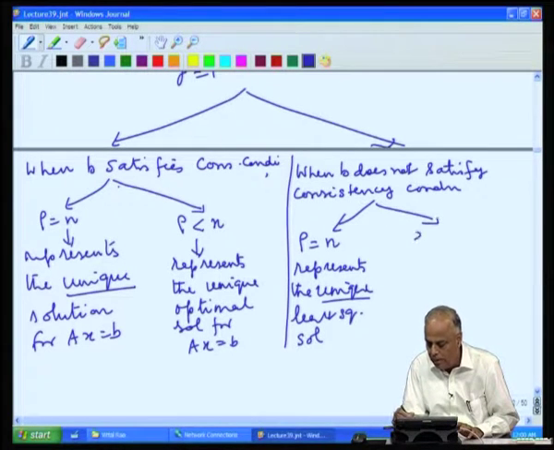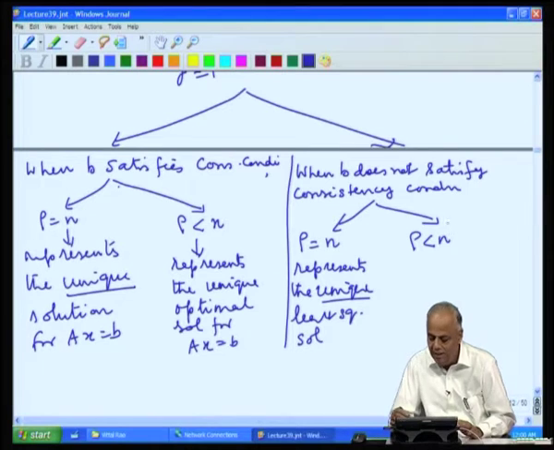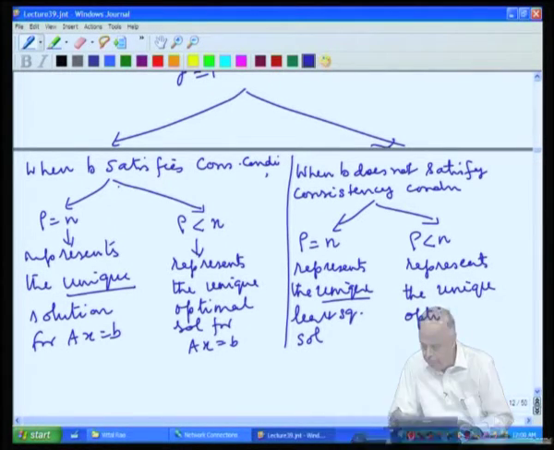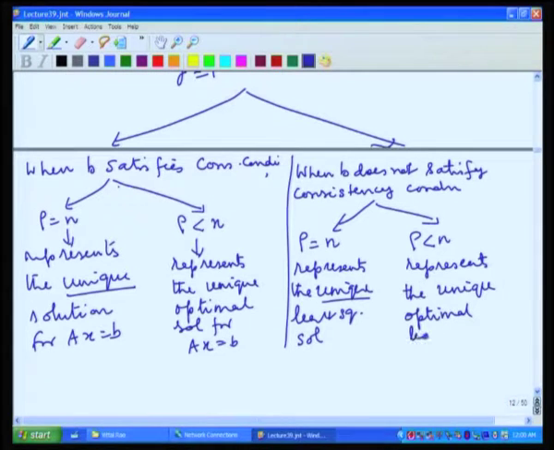And when rho is less than n, it represents the unique optimal least square solution.